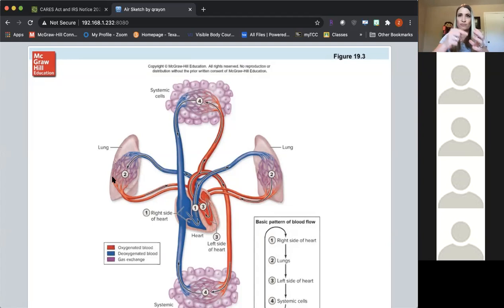Literally it means oval opening, and this is actually a hole during fetal development, because a fetus doesn't use the lungs or pulmonary circulation for gas exchange. So during fetal development, deoxygenated blood goes into the right atrium, and then passes through that opening into the left atrium. We skip the pulmonary circulation during fetal development. Upon birth, this opening closes and becomes the fossa ovalis.